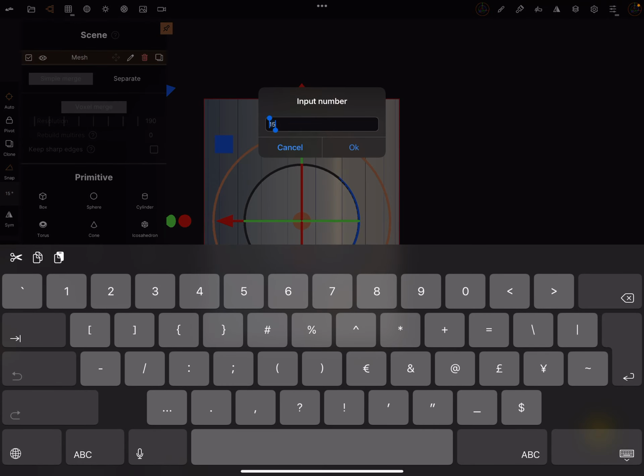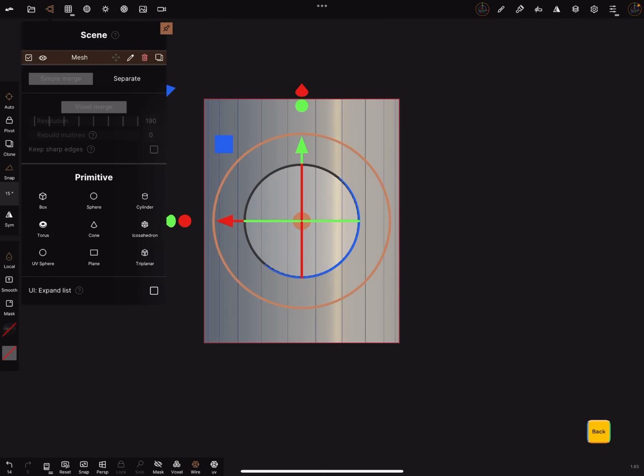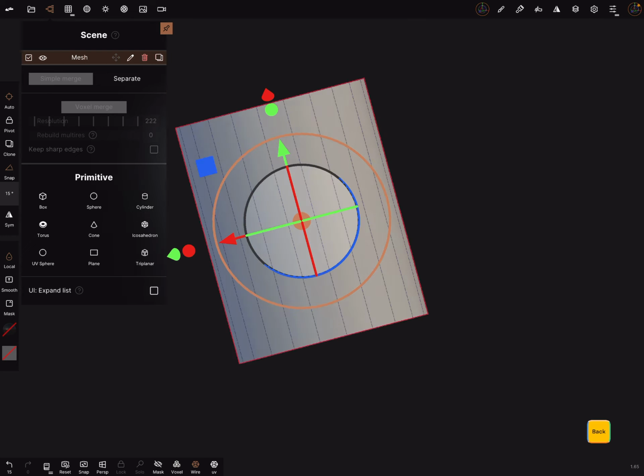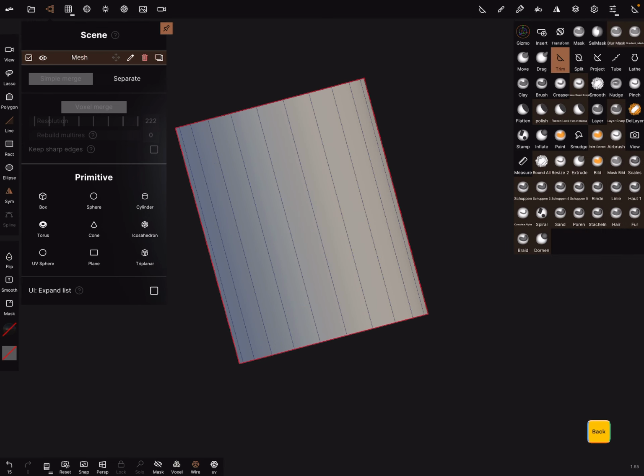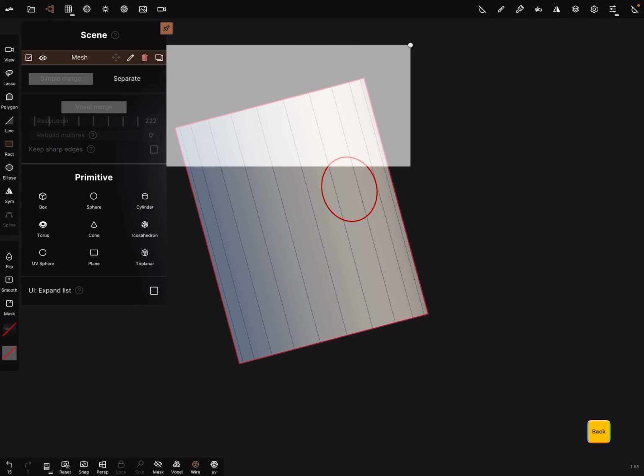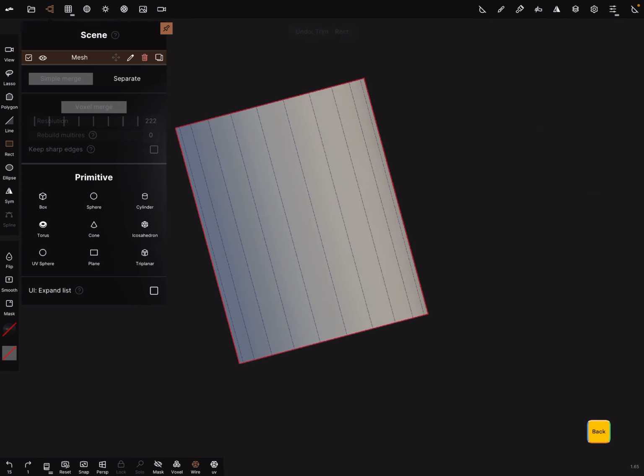you can choose a rotation angle. I choose 15 degrees. That's the angle of the spiral. And then we use the trim function, rectangular, like this. Oh, what happens?